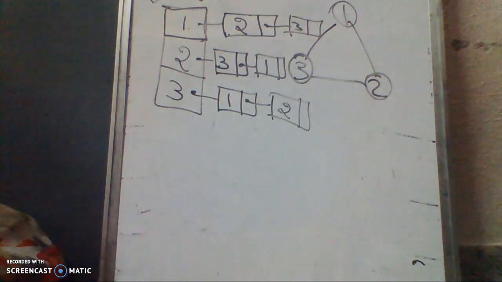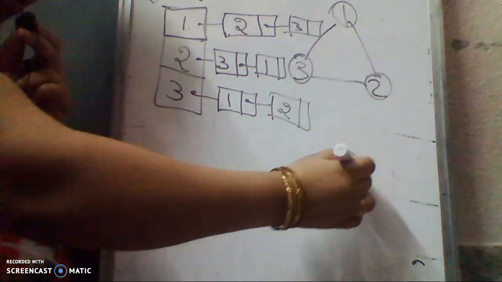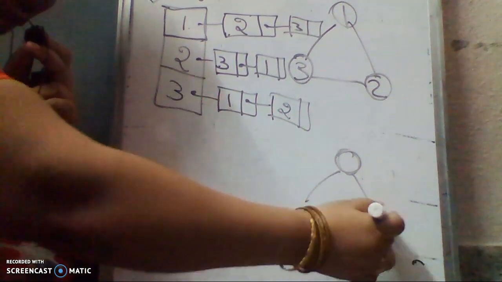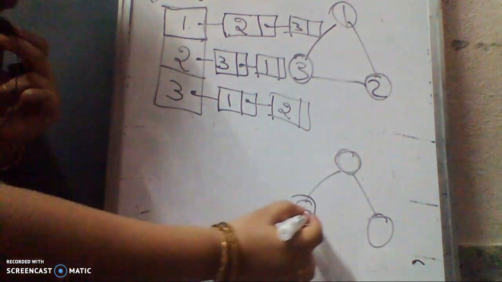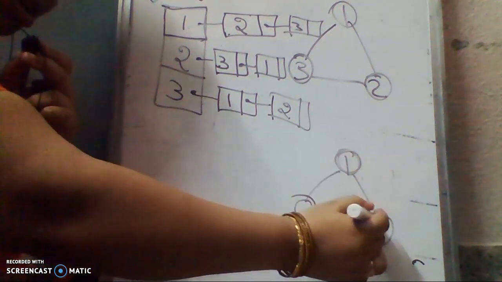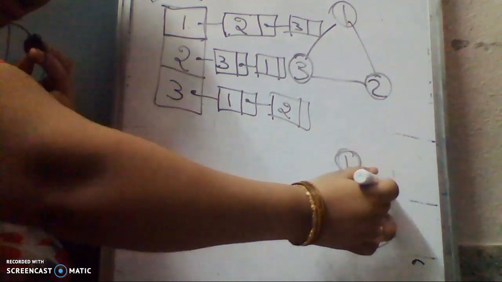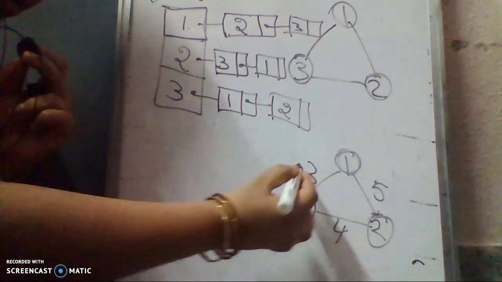Because we need to store the vertex number and at the same time the weight of the edge, both we need to store in the adjacency list. For example, if we have a normal graph 1, 2, 3 with the weights as 5, 4 and 3.